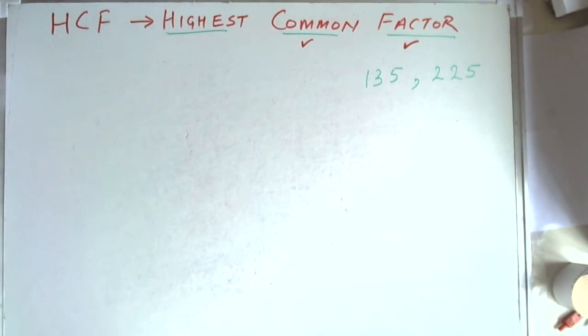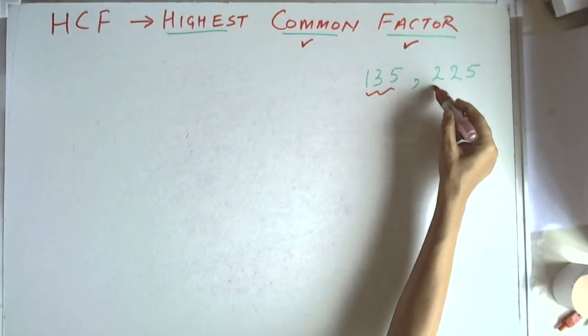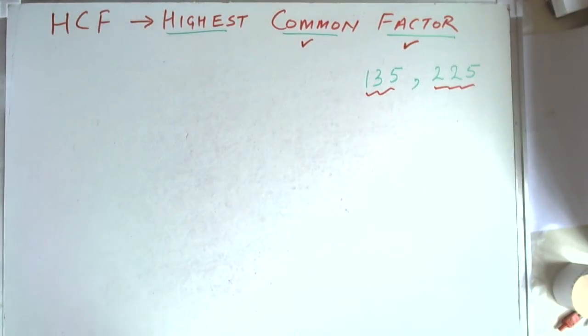So what we have to find is the highest common factor to both these numbers 135 and 225, and whatever is the highest common factor, then that is what we are looking for.